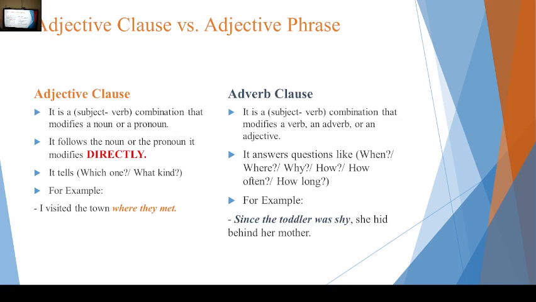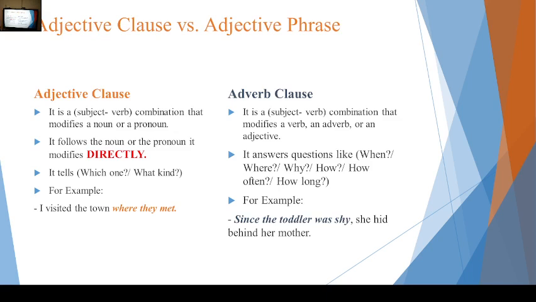It can't stand alone as a sentence, where they met, right? Because it's not a question here, it's part of the sentence. And it describes the noun town. So which town? The town where they met. Look, it follows the noun, it modifies directly. Okay, this is for the adjective clause.